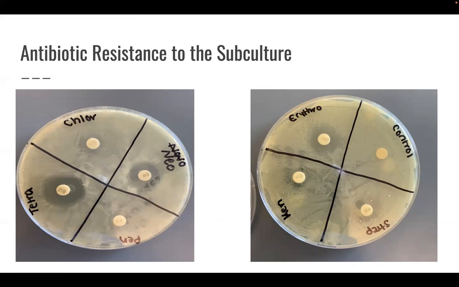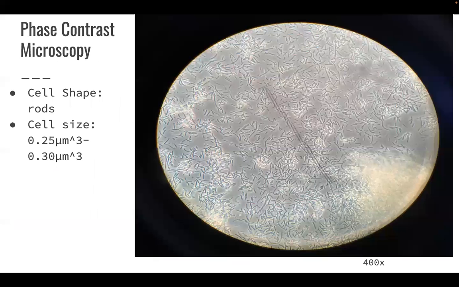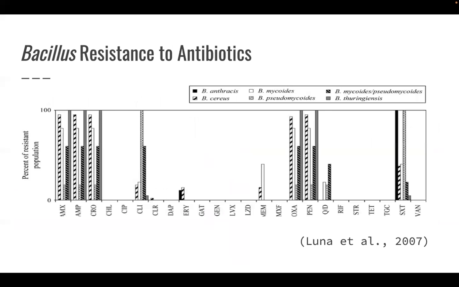Focusing on the graph, so I can bring that back. The tetracycline, erythromycin, and the chloramphenicol had no resistance with the Bacillus mycoides and the Bacillus pseudomycoides, and both showed full resistance to penicillin.